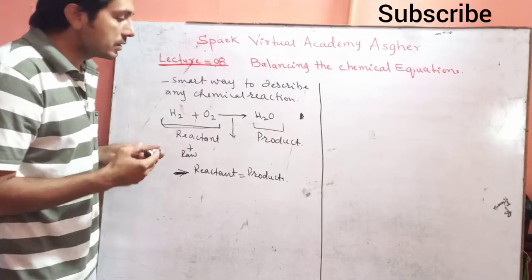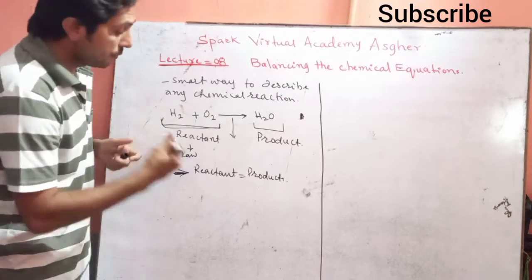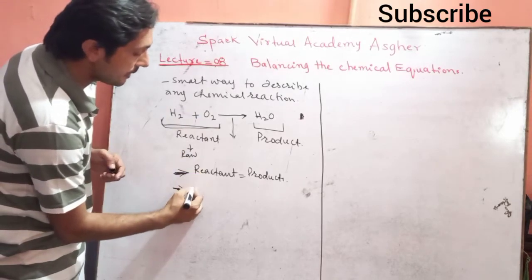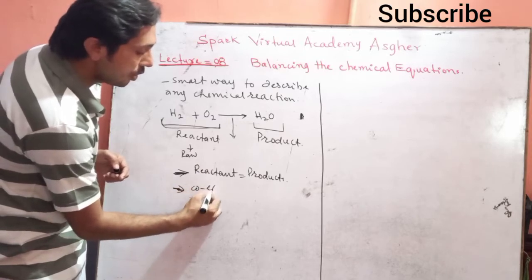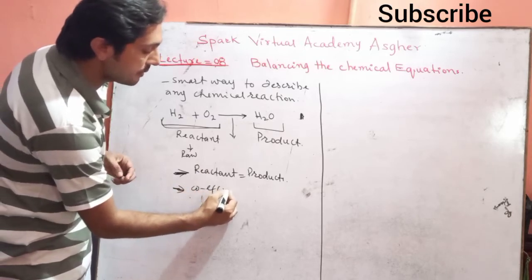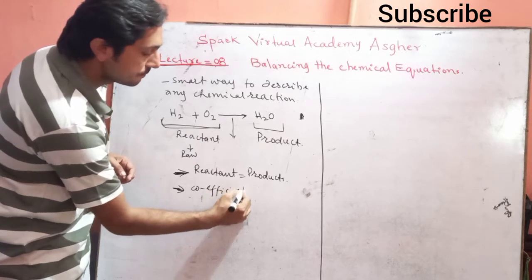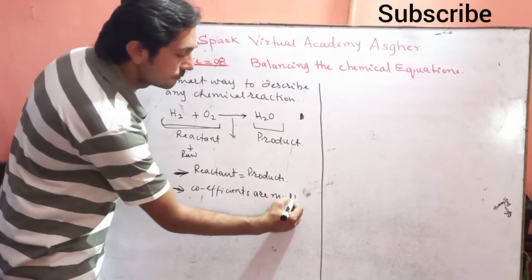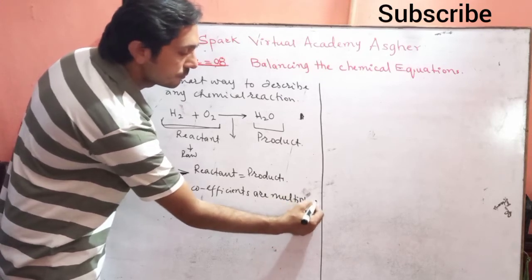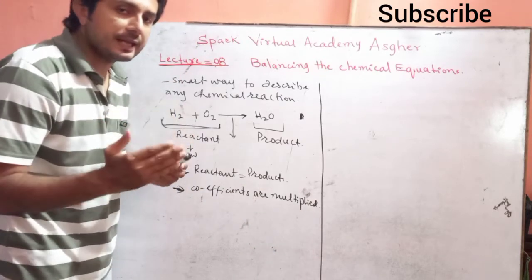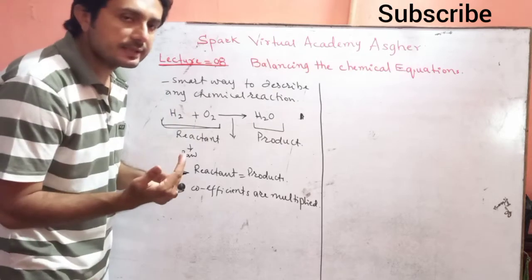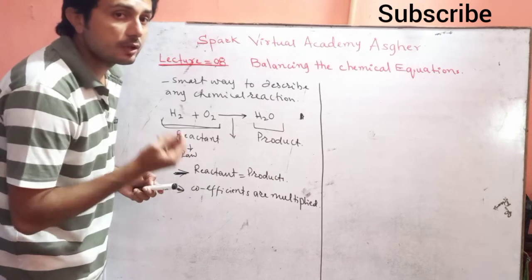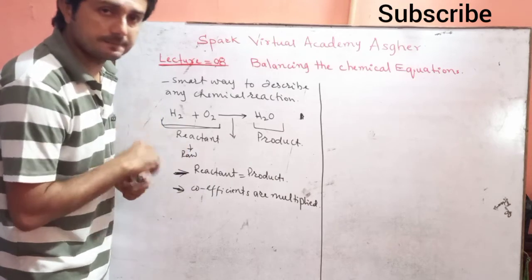Whenever we are going to balance those atoms, we have to multiply a number with the coefficient of the unbalanced product or unbalanced atom. Okay? So to balance the unbalanced atoms, we have to multiply the multiple numbers with the coefficients of that unbalanced atom.